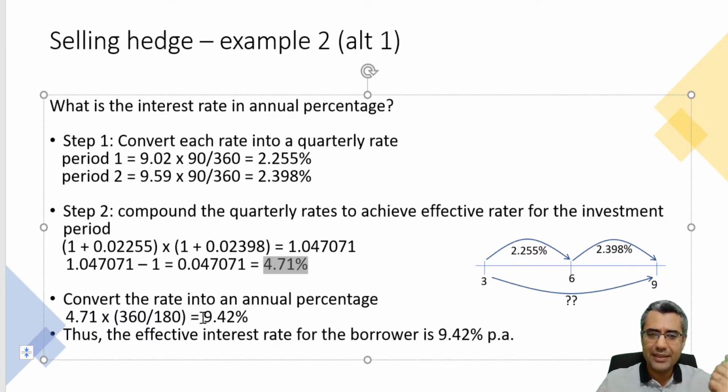This means for a year you just multiply by 2, 9.42%. This means the effective interest rate for the borrower per year is 9.42%. So we locked in the interest rate for 6-month borrowing at 9.42% per year.